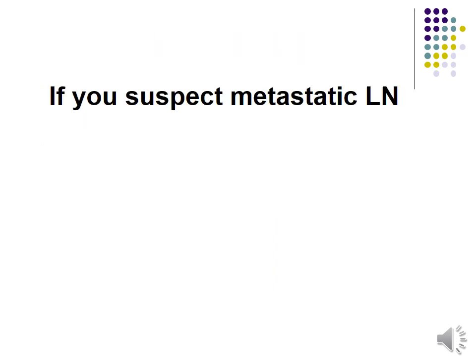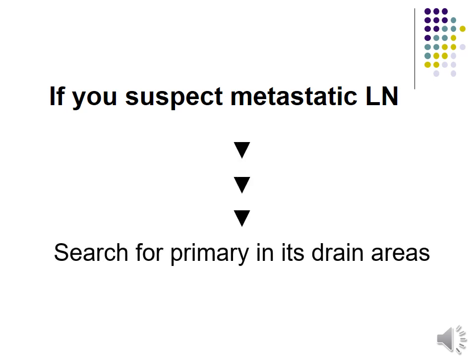If you suspect metastasis in this lymph node, you have to search for the primary in all its draining areas, and this is why it's important to understand the draining area of each group of lymph nodes.